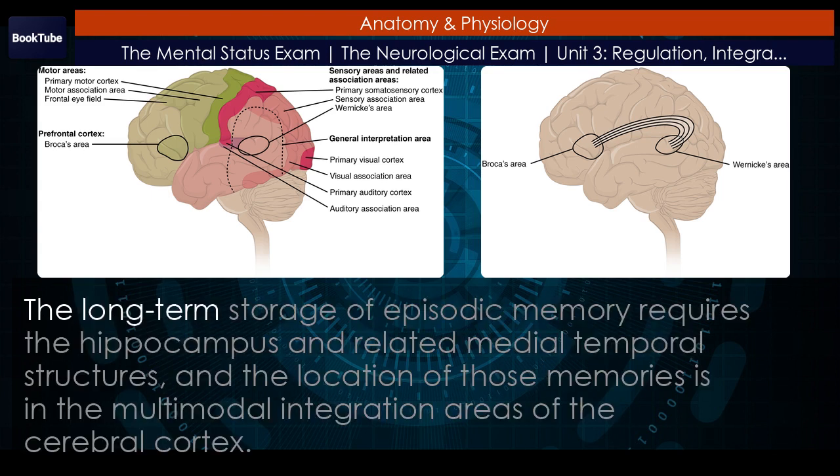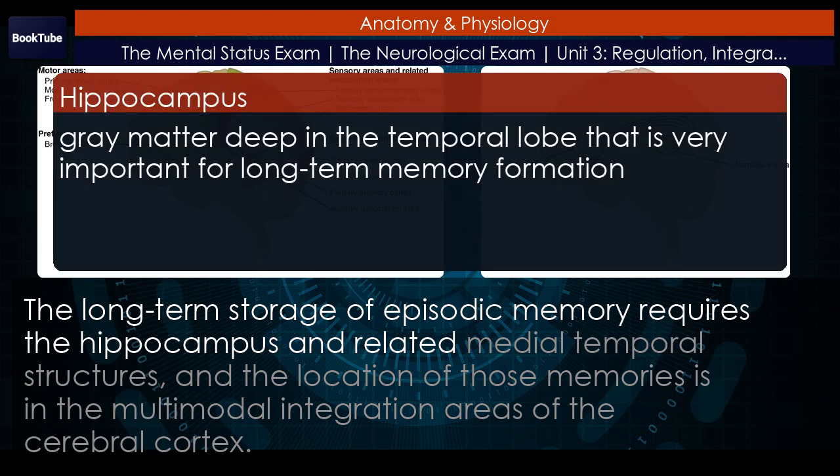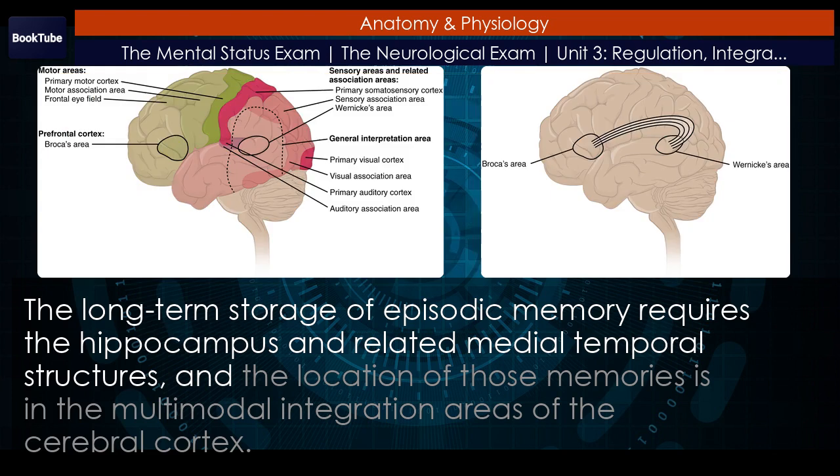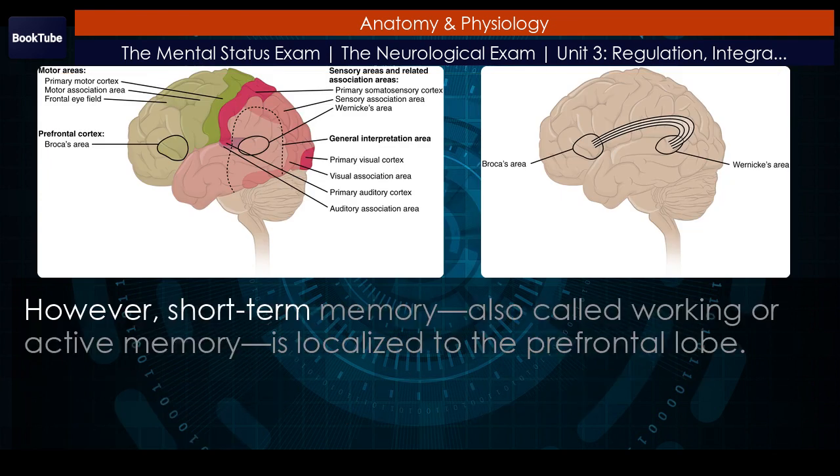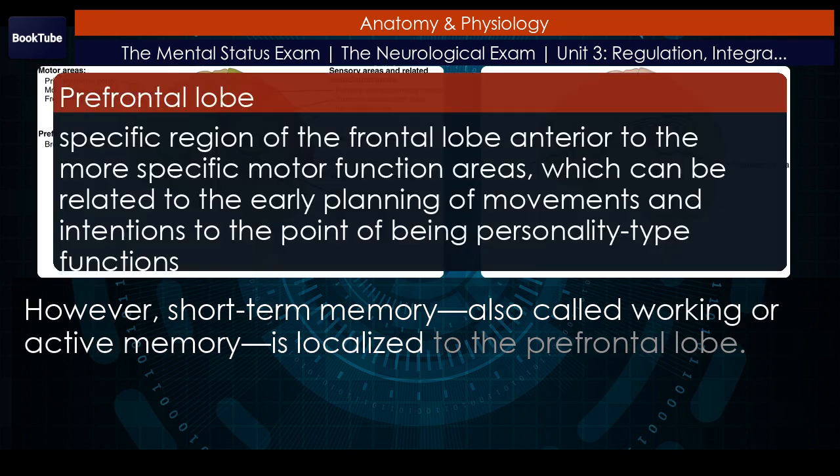The long-term storage of episodic memory requires the hippocampus and related medial temporal structures, and the location of those memories is in the multimodal integration areas of the cerebral cortex. However, short-term memory, also called working or active memory, is localized to the prefrontal lobe.